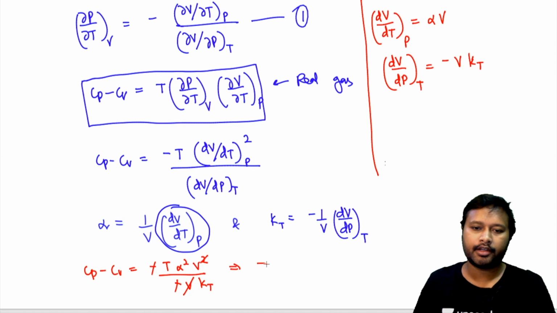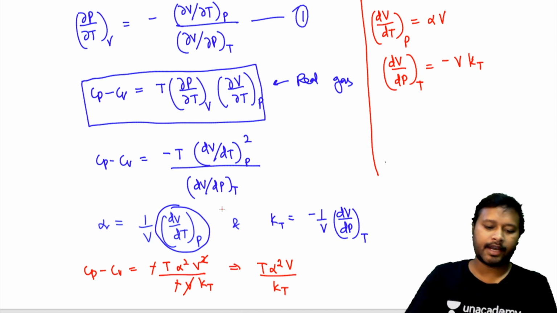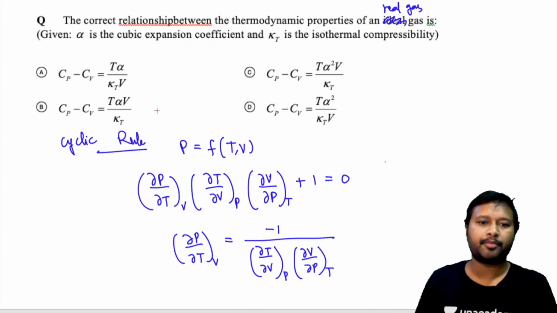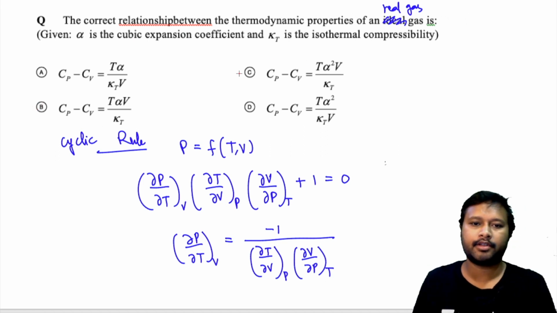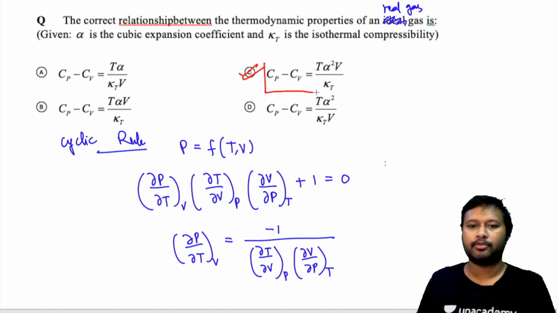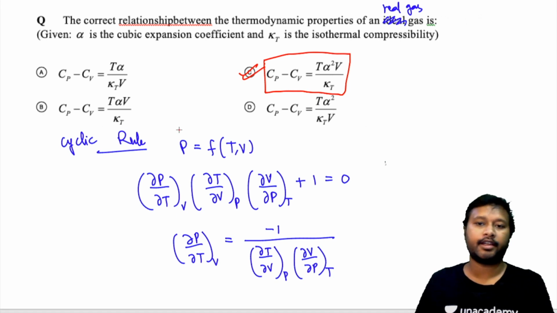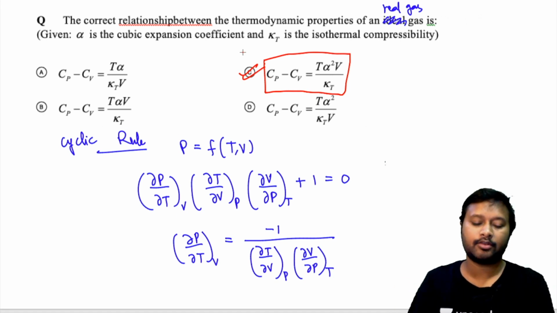So you will get T alpha square V divided by kT. That is going to be your final answer, which is option C: T alpha square V upon kT. So this should be the value of Cp minus Cv for the van der Waals gas.